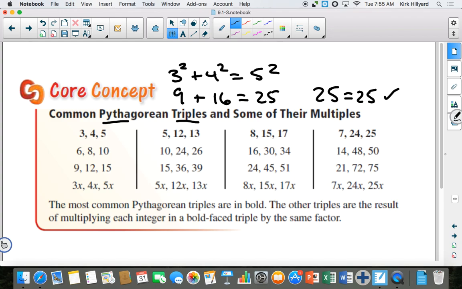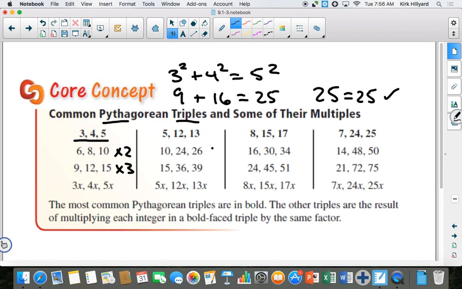And everything on this page is considered a Pythagorean triple. As you notice, they plug x in here, but 6 is just a Pythagorean triple of 3, 4, and 5 with everything multiplied by 2. This is a Pythagorean triple with everything multiplied by 3, and so forth.